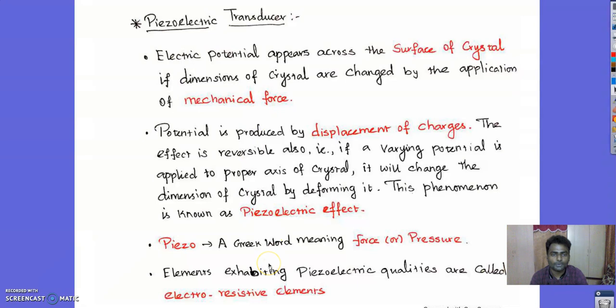That is the meaning of this equipment. The elements exhibiting piezoelectric qualities are called electroresistive elements. I would like to explain this piezoelectric transducer also with the help of a video.